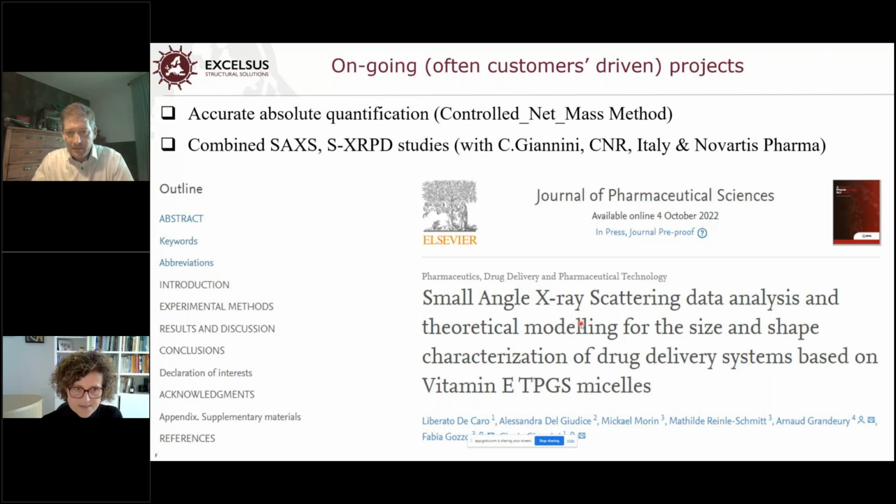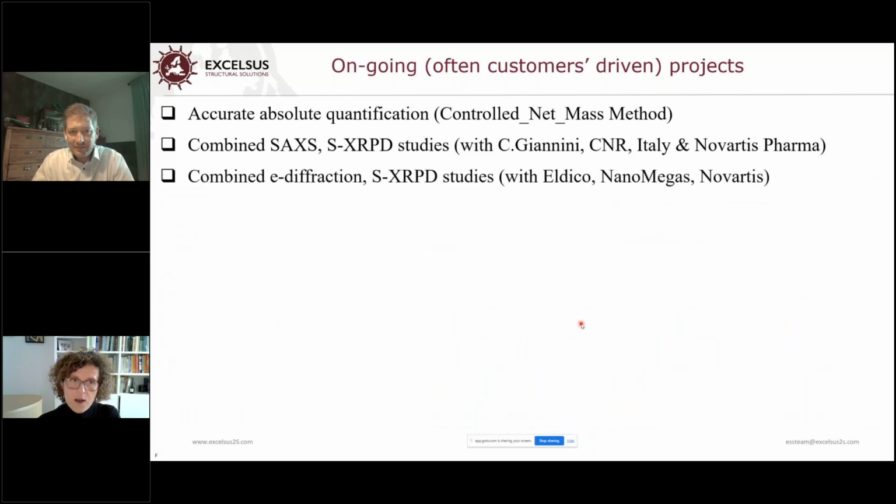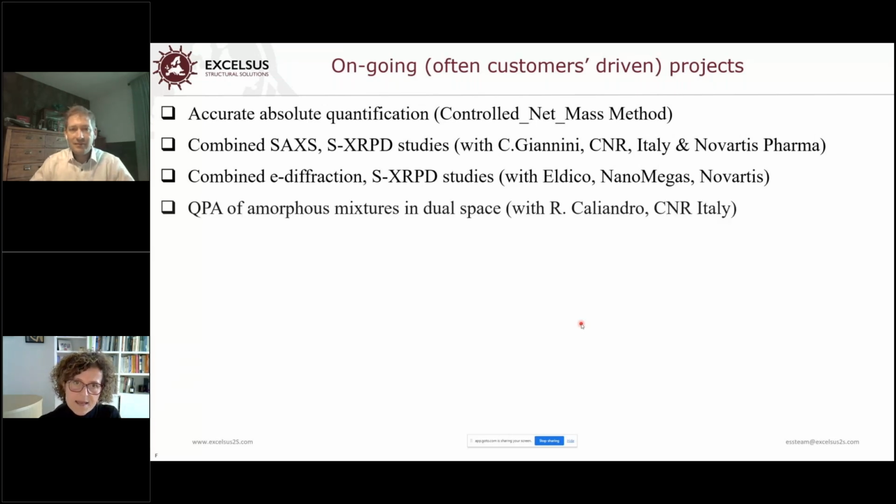It was quite interesting work that we are now continuing into a longer term project. Then we are also interested in the combination of electron diffraction and SXRPD. So with Arnaud, Nanomegas and Eldico Scientific, we are trying to improve and put that in a powerful tool.